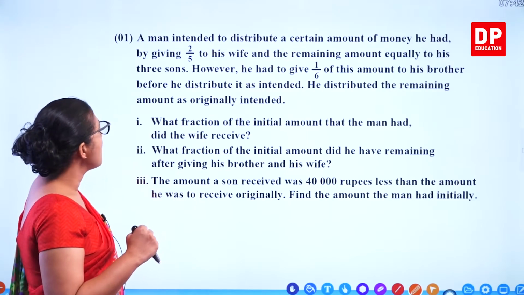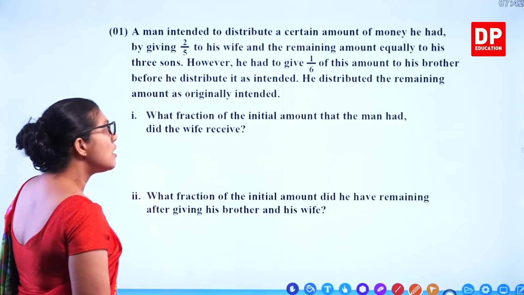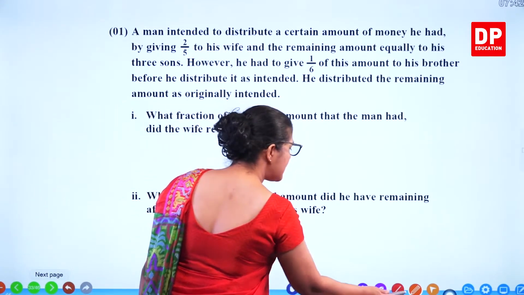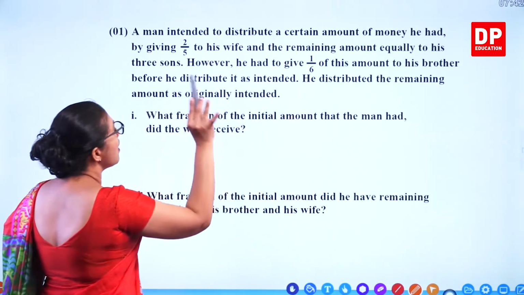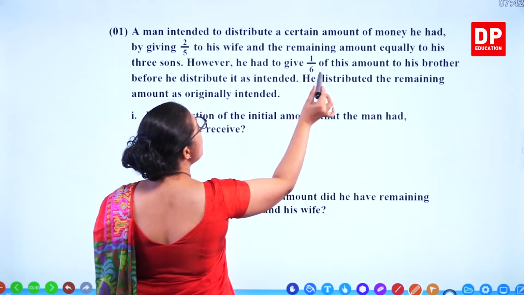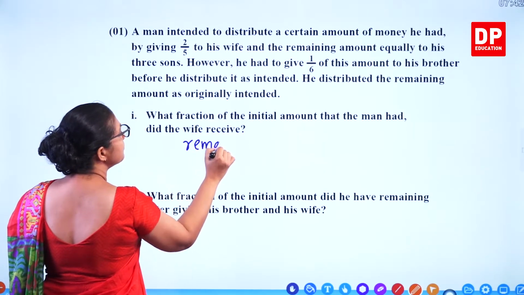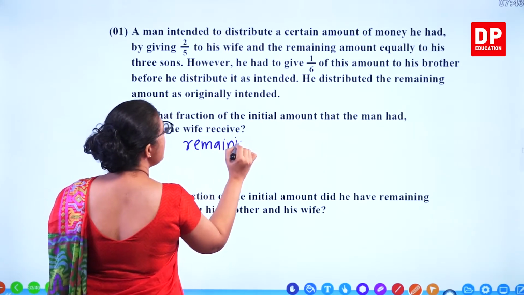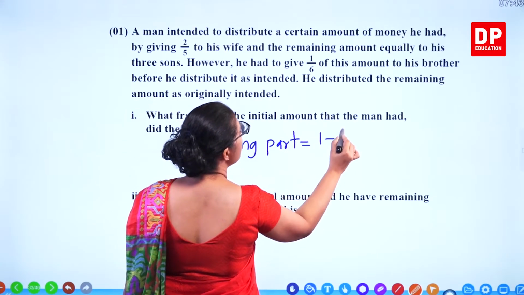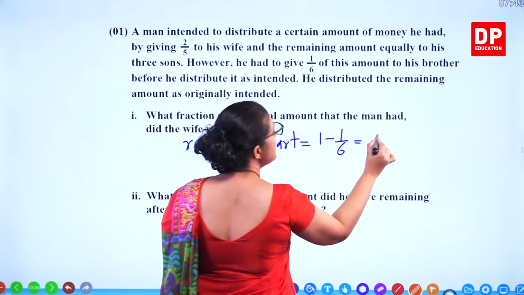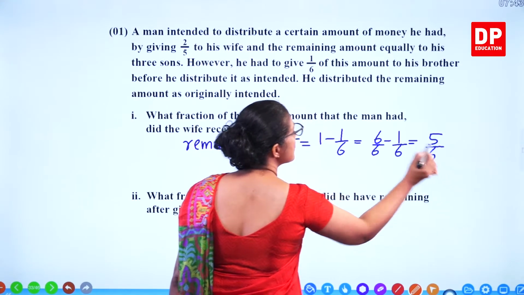So we'll do it step by step. What fraction of the initial amount that the man had did the wife receive? Now, according to this, first he is giving 1/6 to his brother. So what's the remaining amount? The remaining part is 1 minus 1/6. That means 6/6 minus 1/6 becomes 5/6.